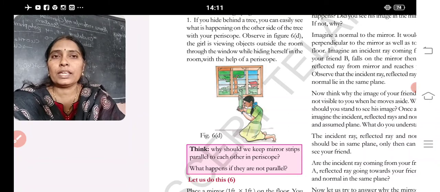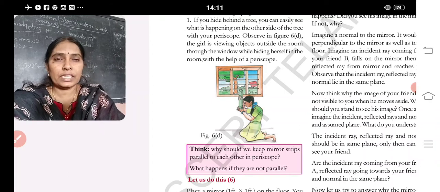We should be exposed to the mirror strip as a reflecting surface. By doing this, your periscope is ready, and with the periscope you can see images while hiding. Parallel images will be obtained.